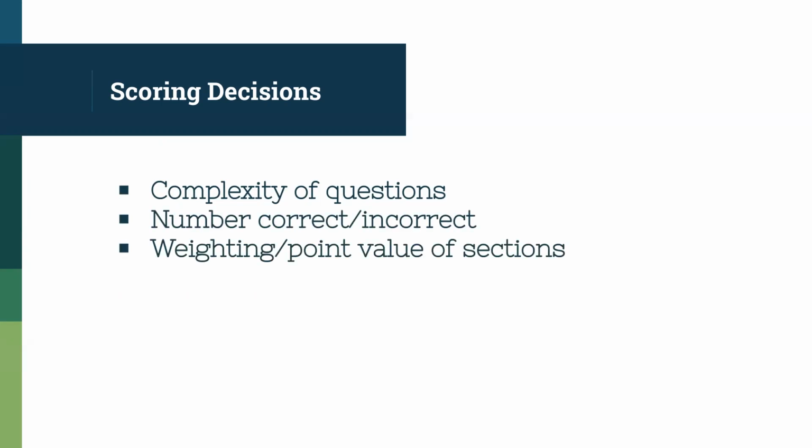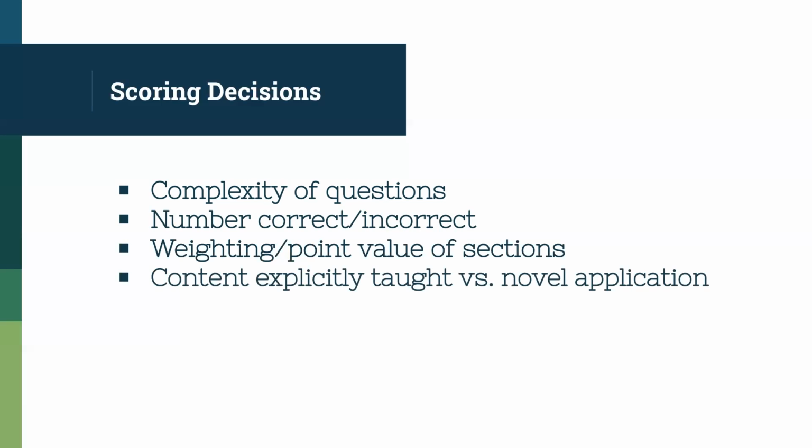How do we weight each section or question? Is each question worth the same number of points? Why or why not? Are some questions considered bonuses or extra credit? Why? There was some language about content that was explicitly taught versus not. How does that factor into your grading of those questions? And finally, what grading scale are you using?